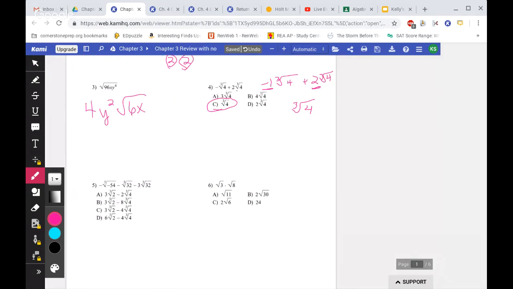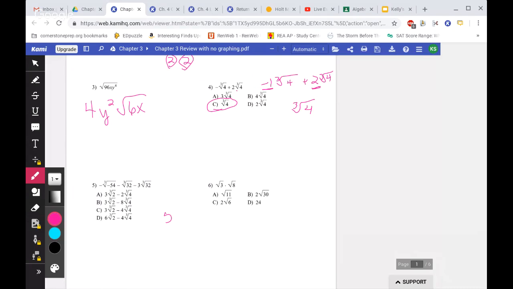Now on number 5, I have to go ahead and factor those out. And I'm looking for cube roots this time. So I would be looking for sets of 3 instead of pairs of 2. I have to have 3 of something before it's quote unquote served its time and able to come out of the radical.